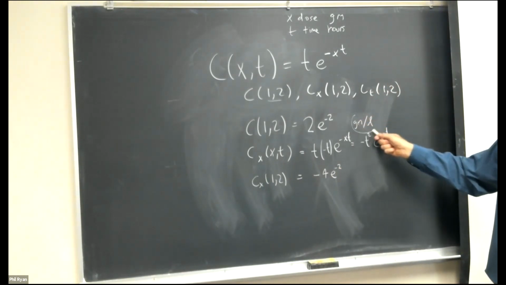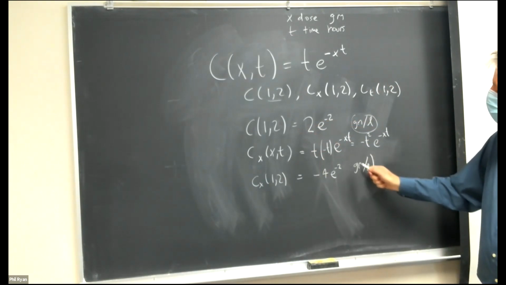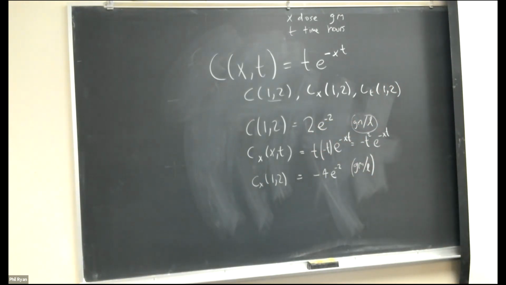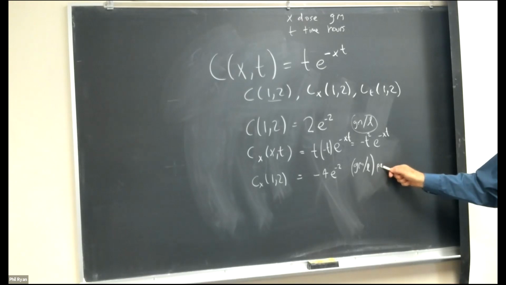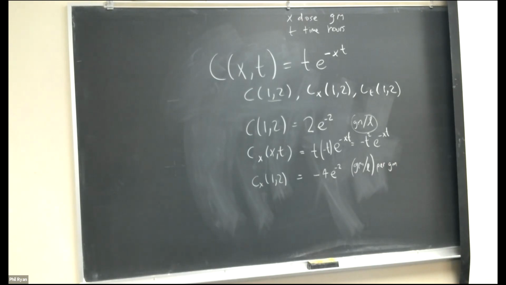The units are going to be the units of concentration, so it's going to be grams per liter, for example, per units of x, and that's going to be per gram. So this is showing us how this quantity changes as we change x.